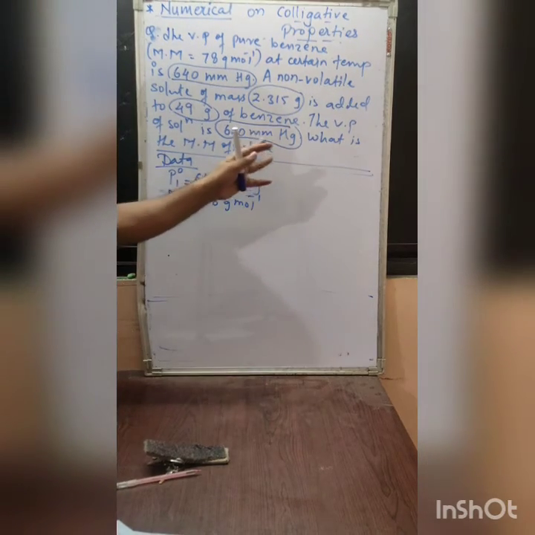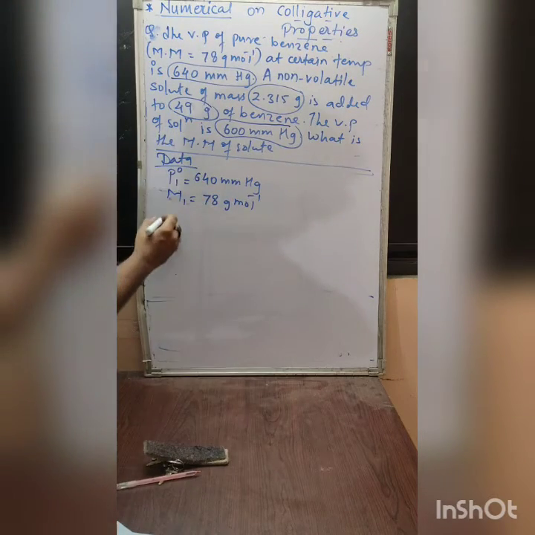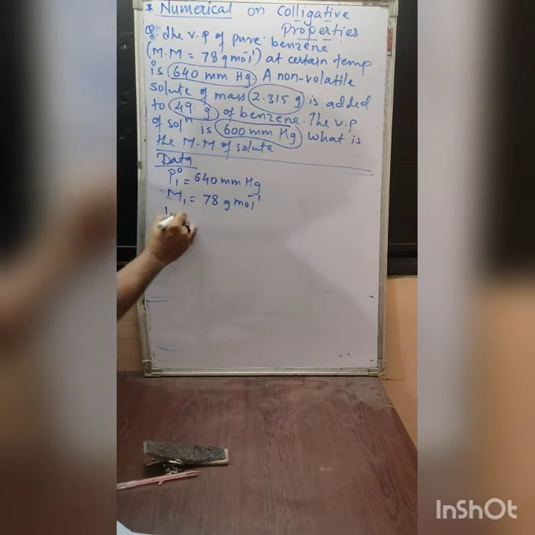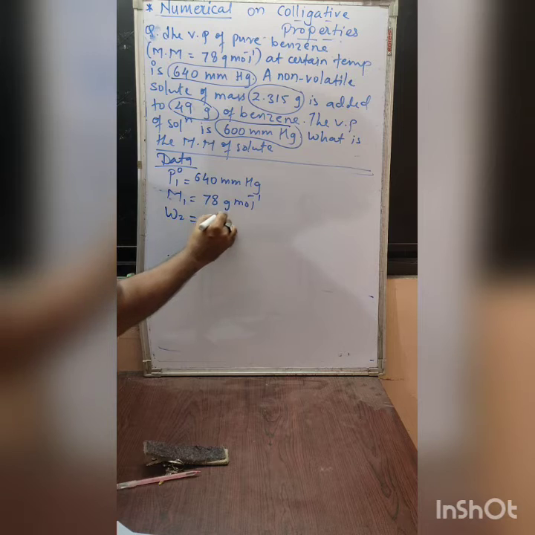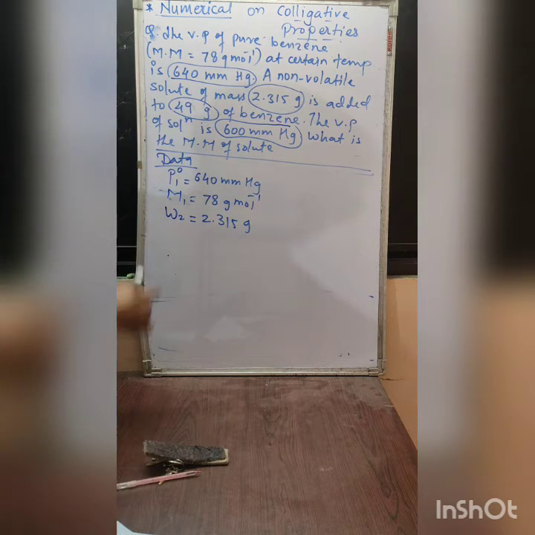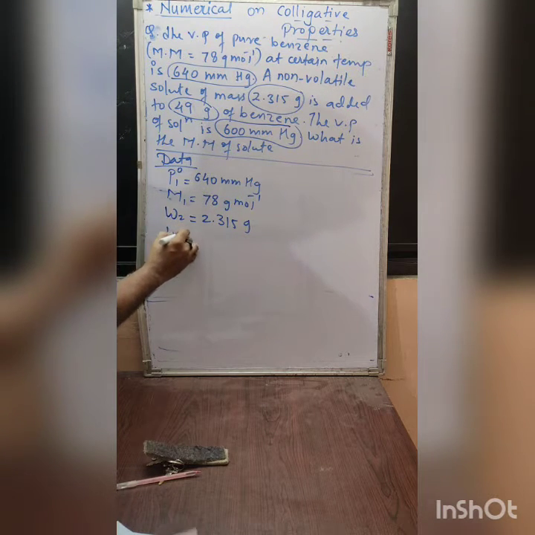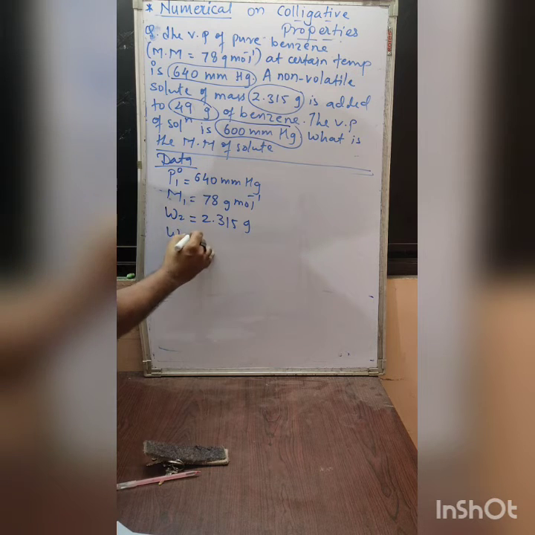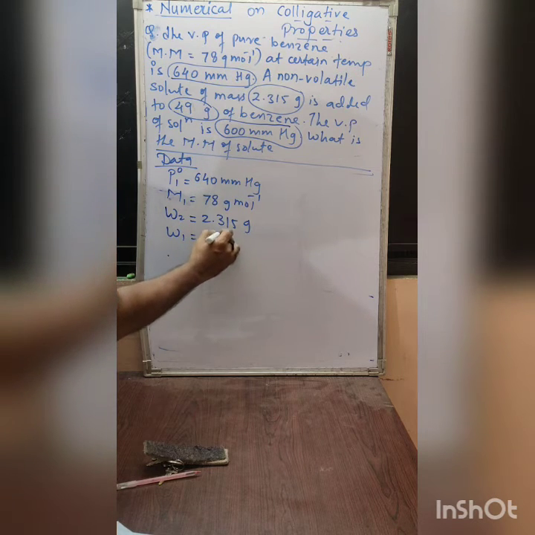Now, what are the values given? W2 is 2.315 gram, and W1 is equal to 49 gram.